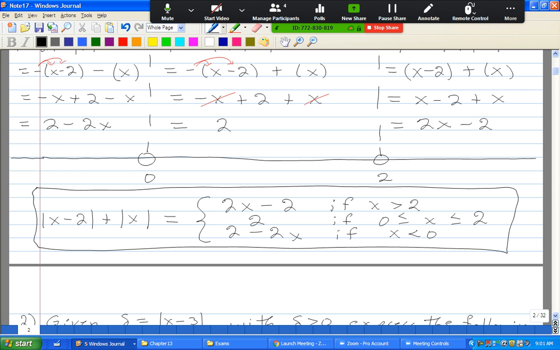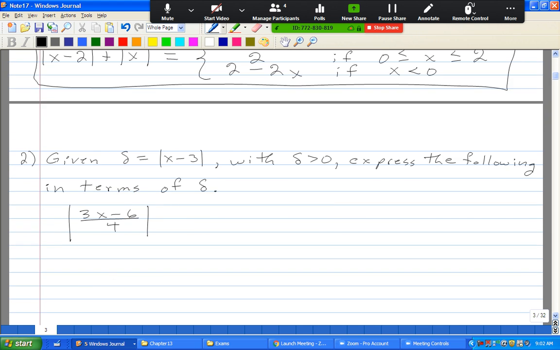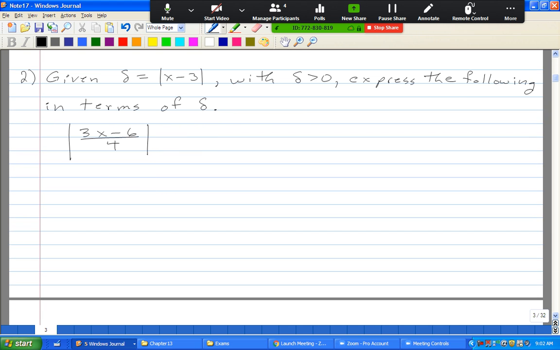Let me go on to problem number 2. Given delta equaling absolute value of x minus 3, with delta greater than or equal to 0, express the following in terms of delta.